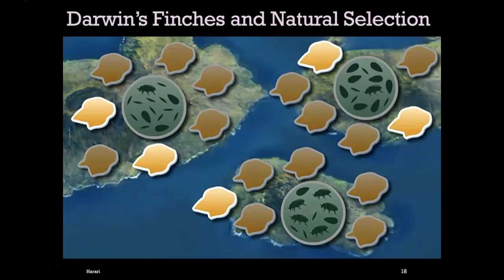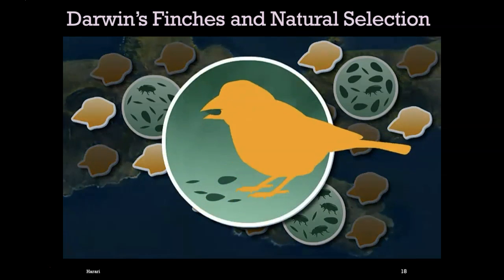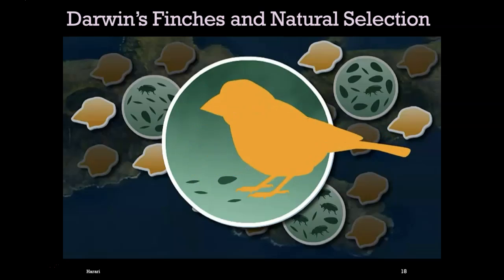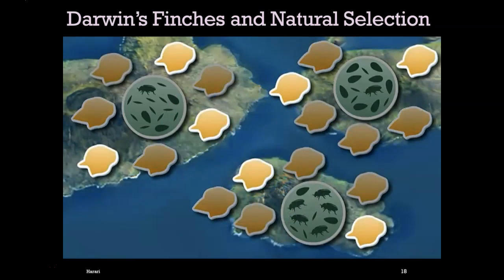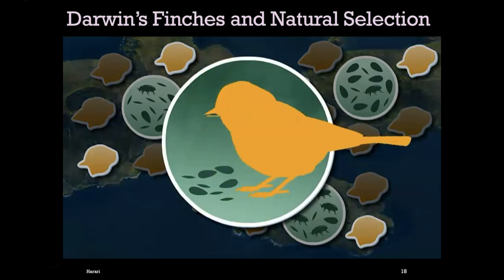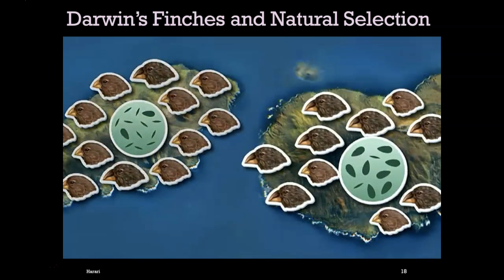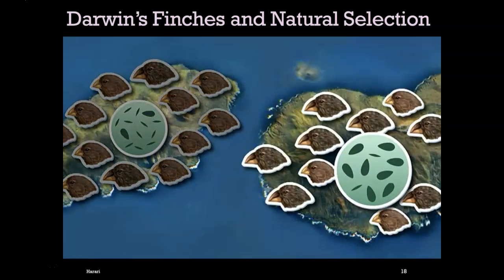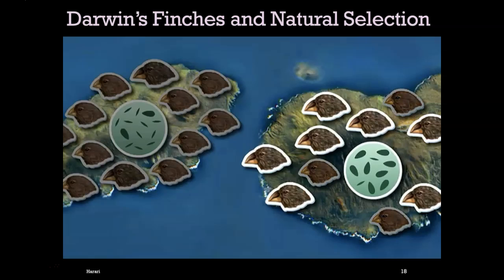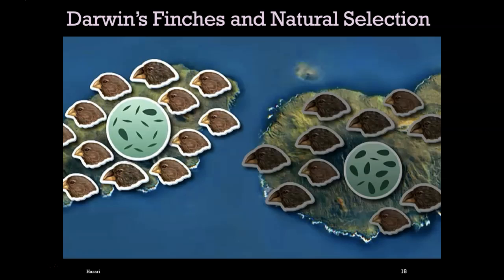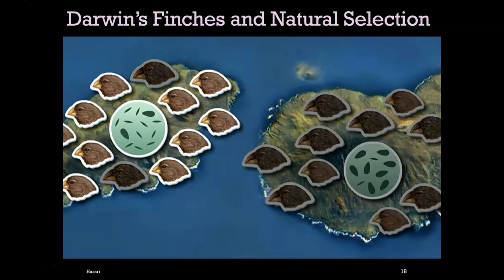Finches with larger beaks could crack the larger, harder seeds, but had trouble collecting the smaller, delicate seeds. Finches with smaller beaks could pick up smaller seeds, but had trouble cracking larger seeds. On islands where the dominant food supply was larger, harder seeds, Darwin observed that finches with larger beaks were more prevalent. On islands where smaller seeds dominated the food supply, finches with smaller beaks were more prevalent.